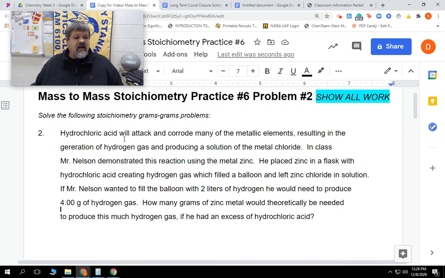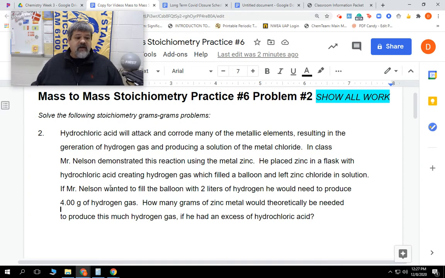It says hydrochloric acid will attack and corrode many of the metal elements, resulting in the generation of hydrogen gas and producing a solution of metal chloride. In class, Mr. Nelson demonstrated this reaction using the metal zinc. He placed zinc in a flask with hydrochloric acid, creating hydrogen gas, which filled the balloon and left zinc chloride in solution.